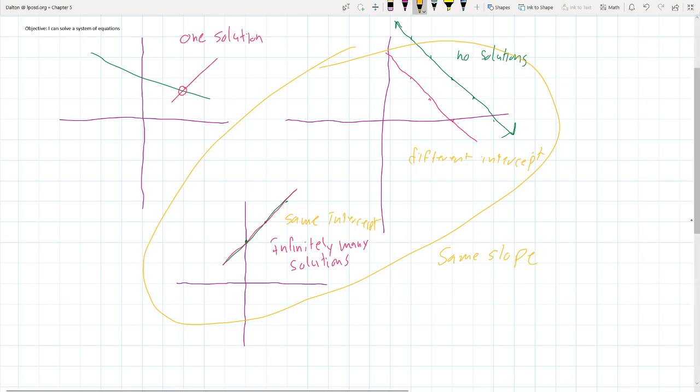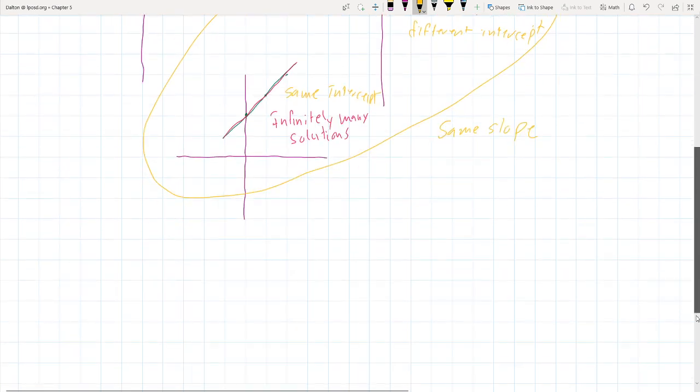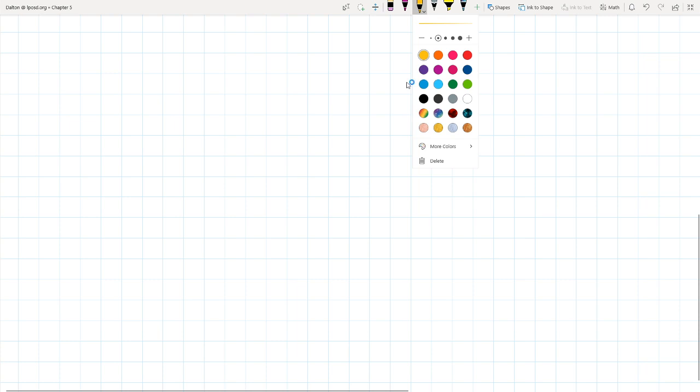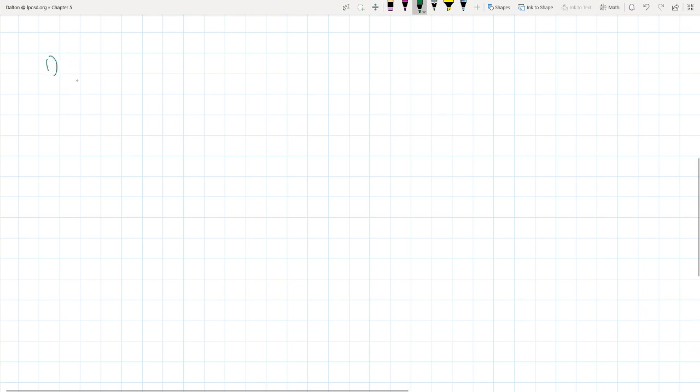Okay, so we have a couple questions that we're going to be answering as we go along today. The first one is labeled as number 1. Number 1 says, if I have y equals 3x minus 7 and y equals 3x plus 4.